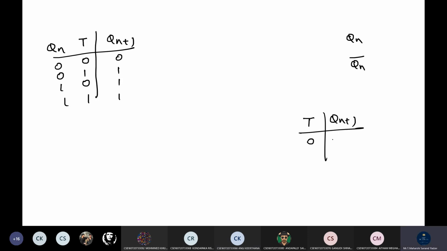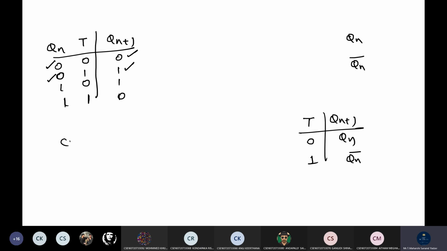For T is equal to 0, you'll get output as Qn. For T is equal to 1, it will be Qn bar. Based on that I wrote here. For T is equal to 0, it is Qn, so Qn is 0, write 0. For T is equal to 1, it is Qn bar. So here Qn value is 0, take the complement, so this one will be 1. Next, again T is equal to 0, this is 1. And the last one will be 0. Why? Because for T is equal to 1, you have to take the complement of Qn, which is nothing but 0.